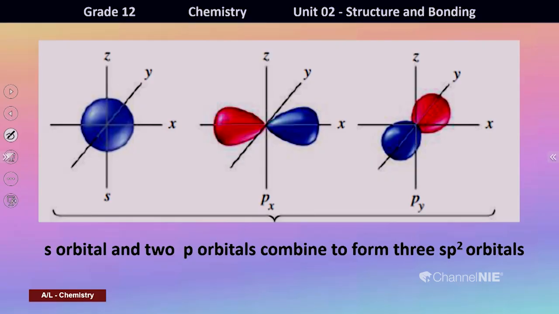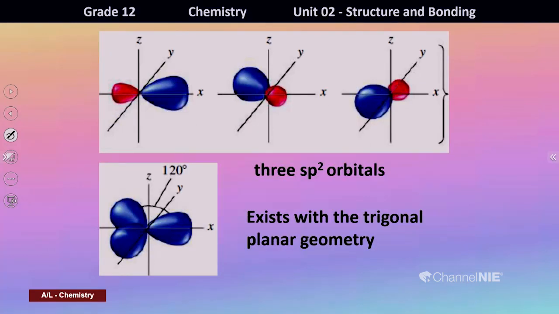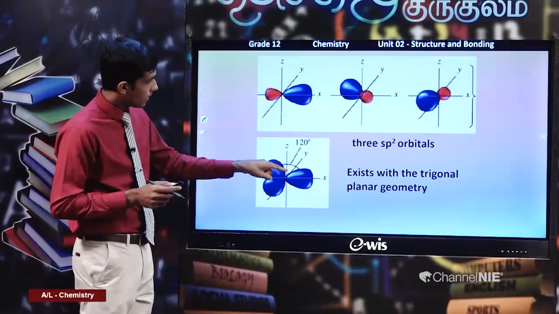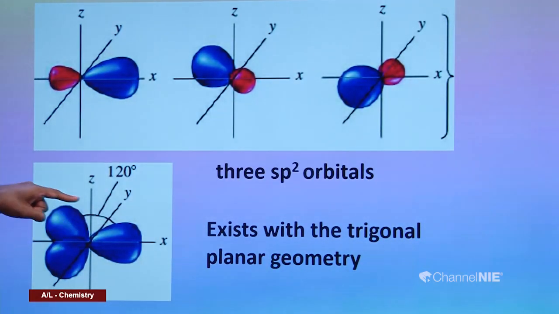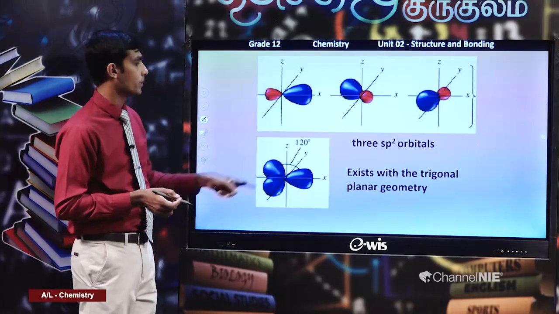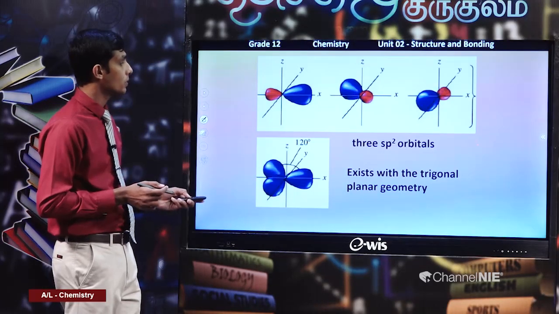Now, 1 s orbital and 2 p orbitals are involved there. The p orbitals, perpendicular to each other, form 3 sp2 orbitals. Now, the sp2 orbitals will remain in the same plane, an arrangement called trigonal planar geometry, and the unhybridized p orbital will be perpendicular to this plane.